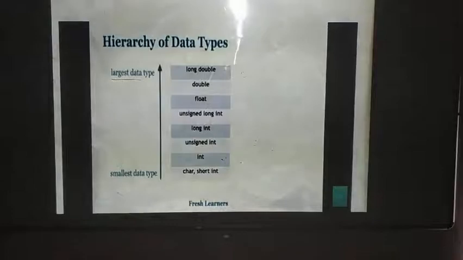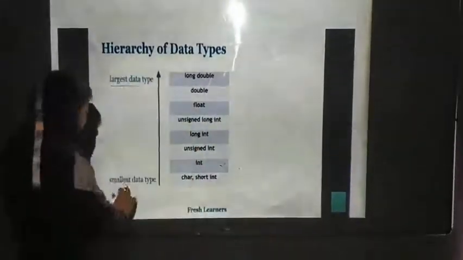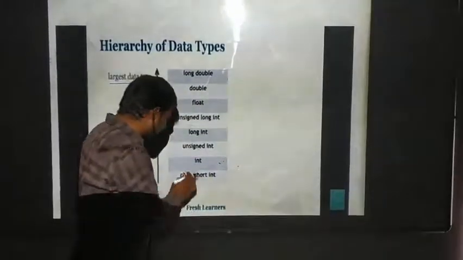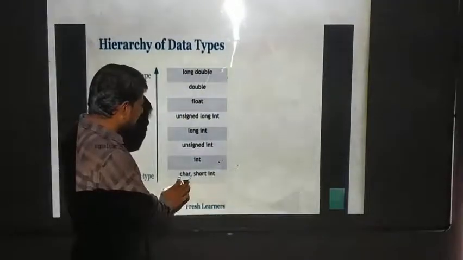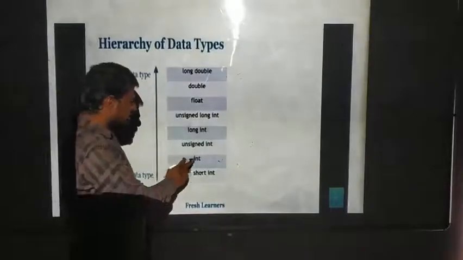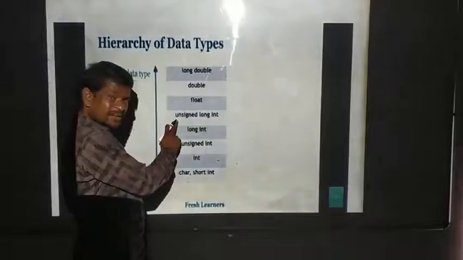If we see the hierarchy of data types, starting from the bottom, the smallest data type is character. A little bit larger than this is integer. A little bit larger is unsigned integer, then long int, then unsigned long int.